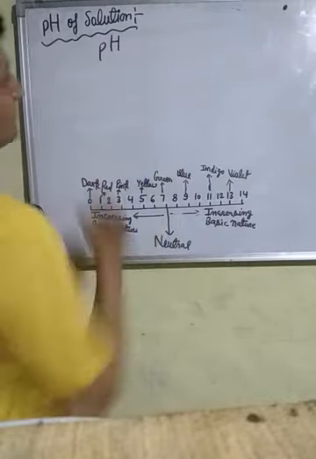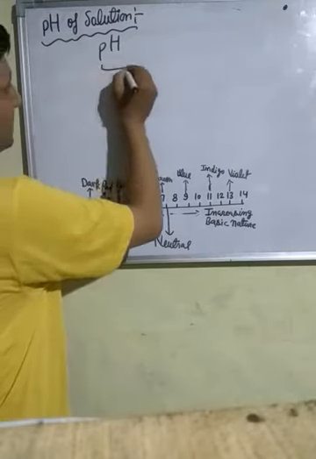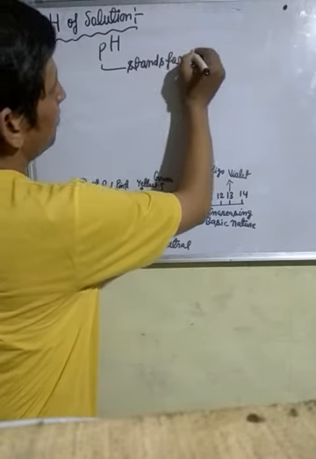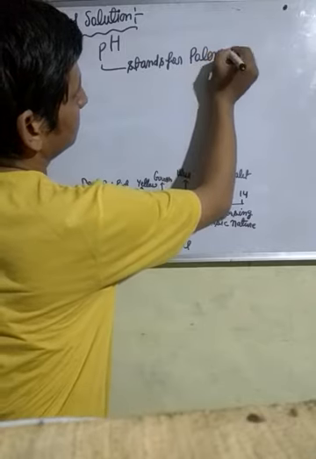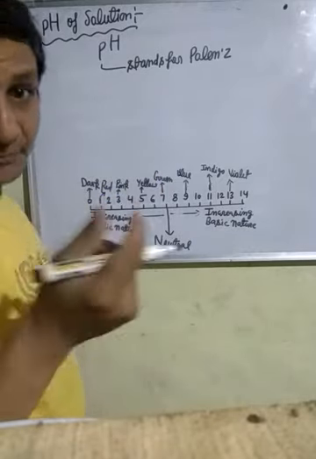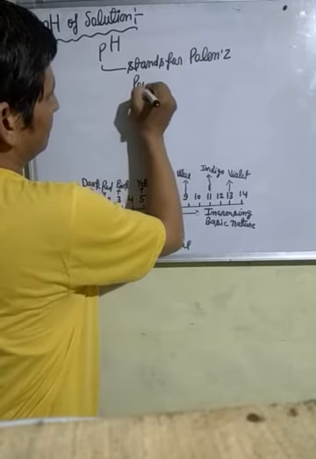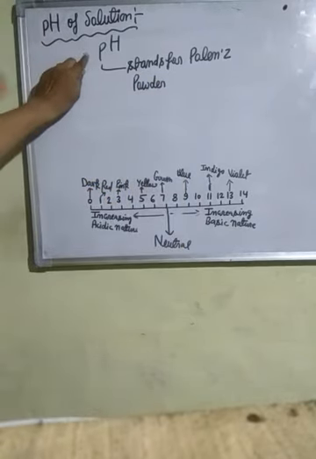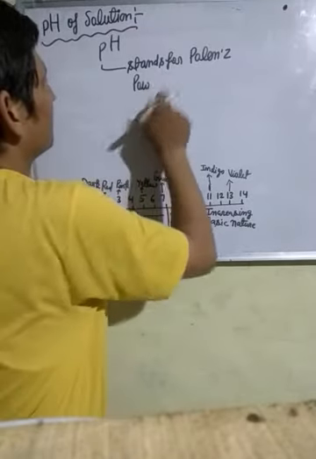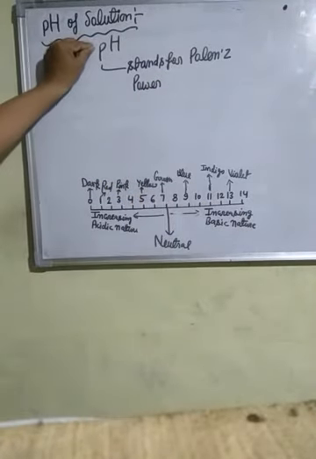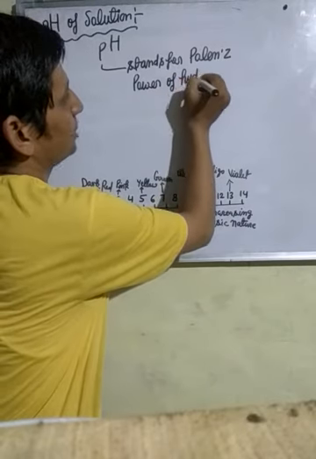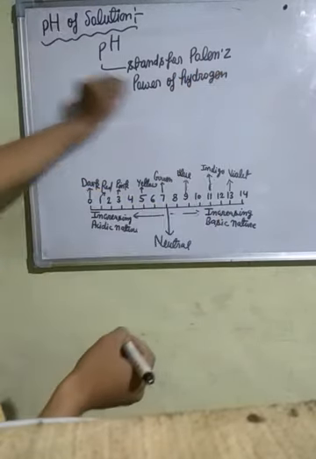In pH, the letter P stands for Potenz, which in German means power. So, pH means power of hydrogen.